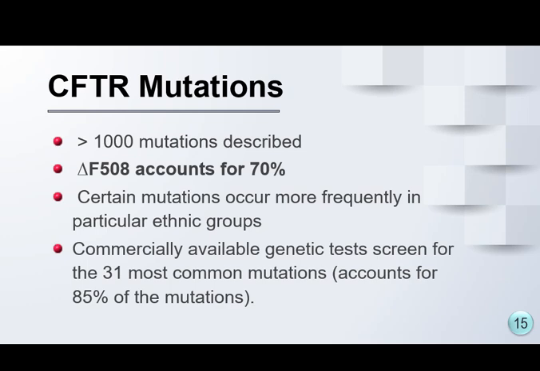There are mild defects for this CFTR mutation that are not discussed frequently. Commercially available genetic tests screen for at least the 30 most common ones. Most of the DNA chips have at least 80 something to 100. And the 31 most common ones refer to Caucasians, not for us.